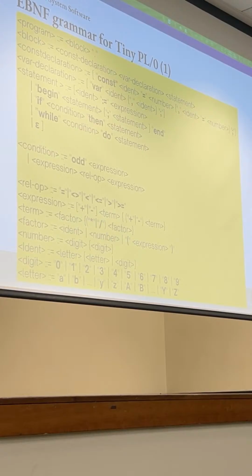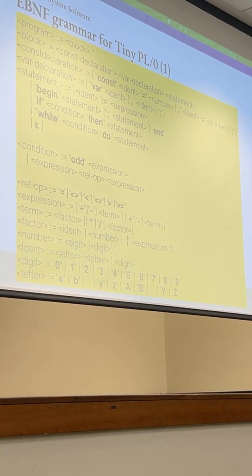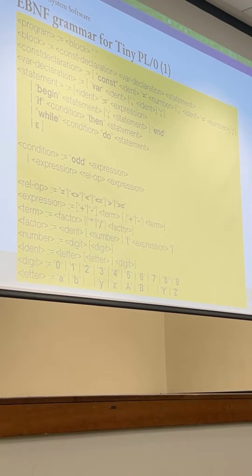Okay? That's what the grammar is specifying. Then lastly, the bottom lines are just defining the tokens. We have number, we have identifier, and how they are defined. A number is defined by a digit followed by zero or more digits, and the digit is defined as 0 to 9, as you can see, and very similar pattern for the identifiers.